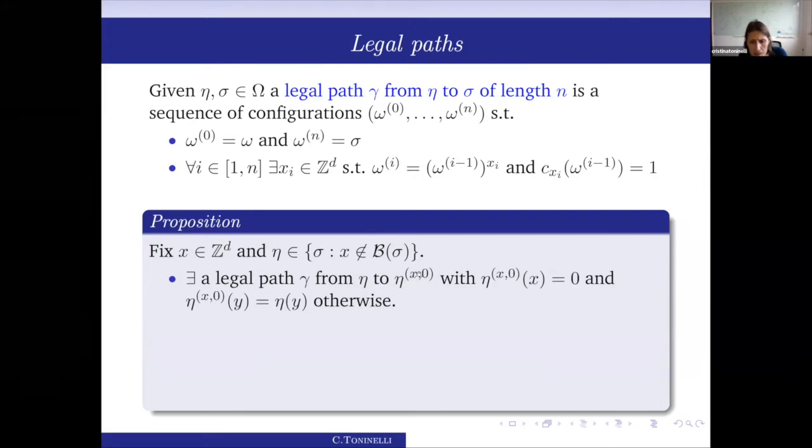I indicate by eta x0 the configuration in which I have emptied the site x.